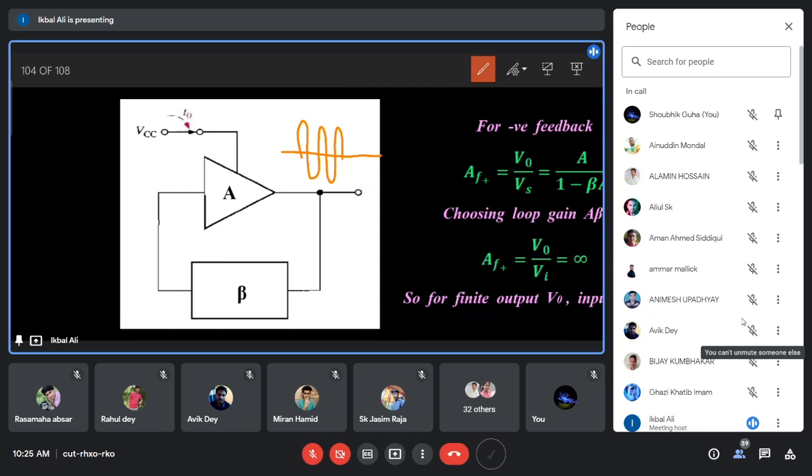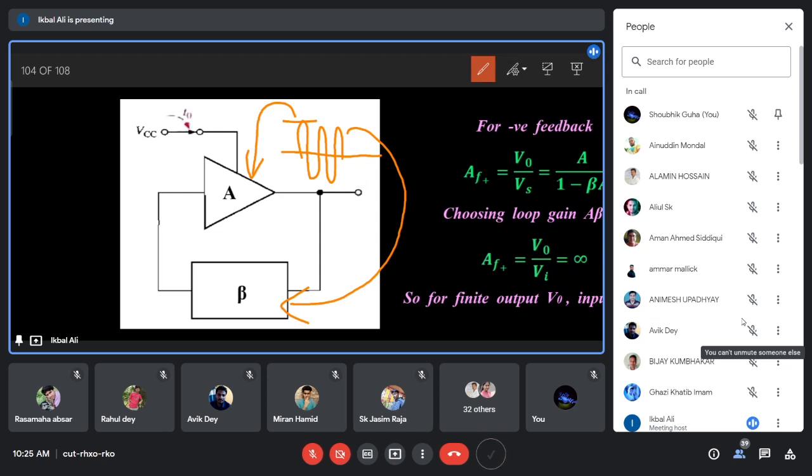And I have also said that the frequency of this signal actually depends on the beta network, and the amplitude of the signal actually depends on the amplifier. We will only focus on the frequency part, that means how much frequency is actually generated by this amplifier circuit.